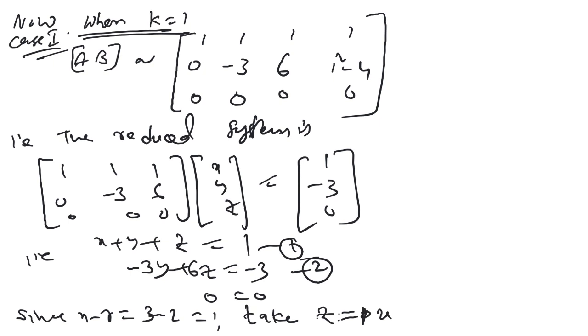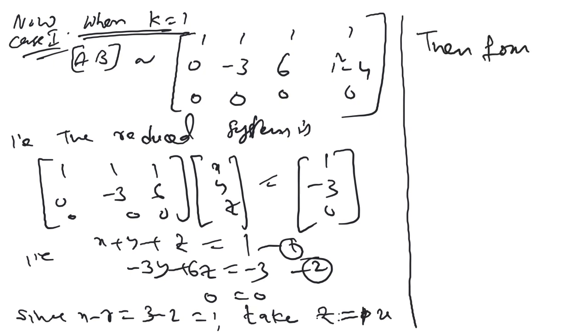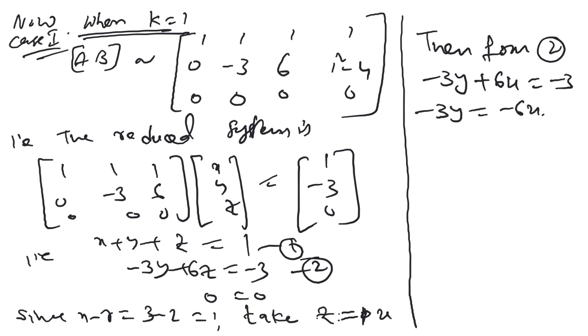Then from 2, what I am getting: minus 3y plus 6u is equal to minus 3. So minus 3y is equal to minus 6u minus 3. So y is equal to minus 3 into (2u plus 1) by minus 3, so what I'm getting is 2u plus 1.